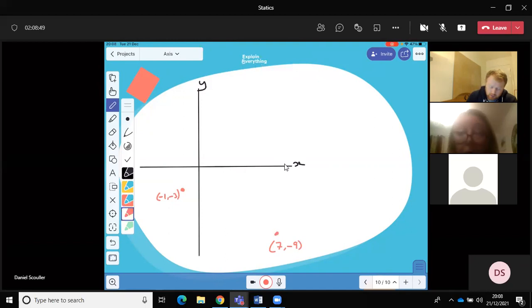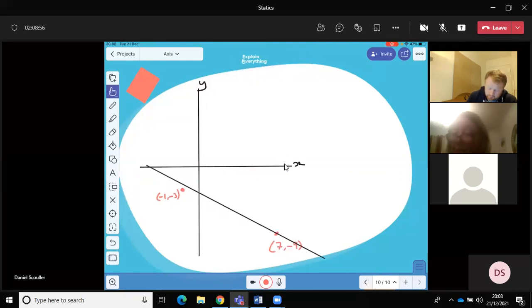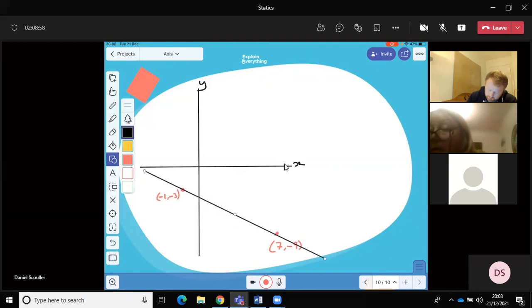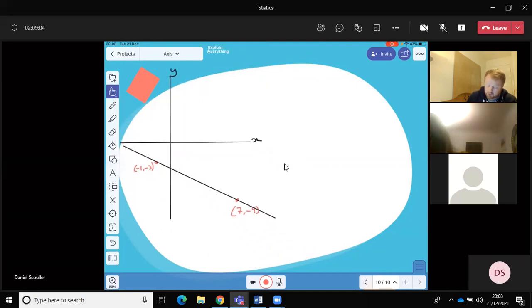A straight line goes through them. We're given that information. Find the equation of the straight line joining the points.